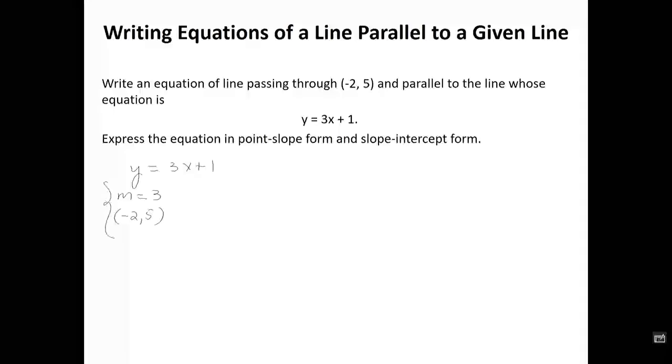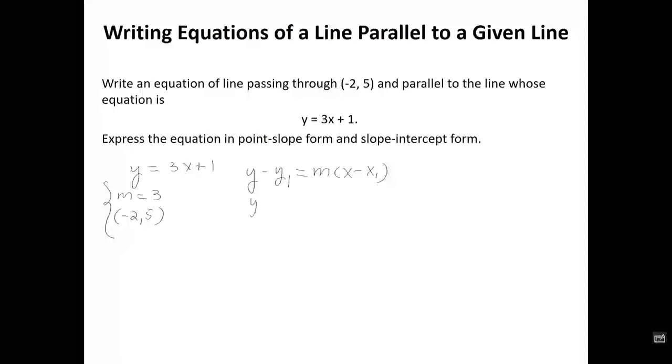So using this information, we can now write the equation of the line. We're going to use the point-slope form. Point-slope says that y - y1 = m(x - x1).